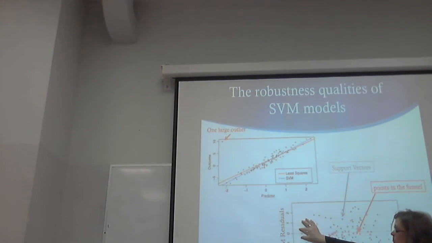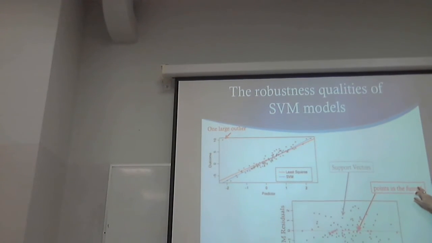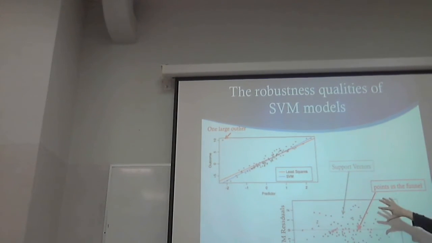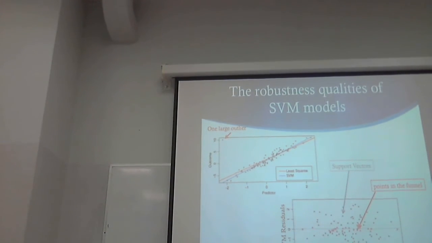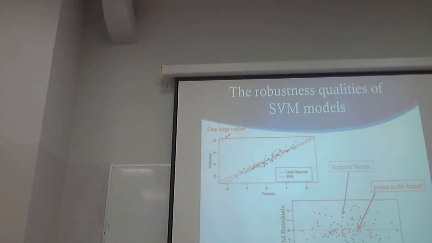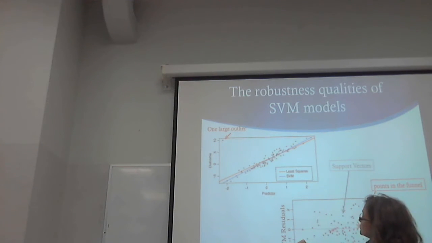This area plus minus epsilon is called the funnel. So these are all our points, and we see the crosses are the points that were not included in the model. So the final model is built on fewer data points, and the points that produce less error. This is SVM residuals.